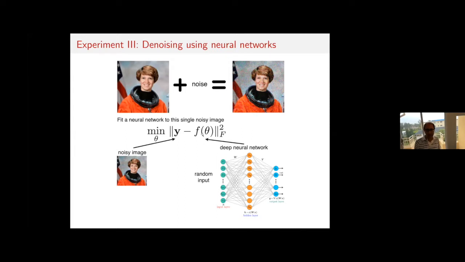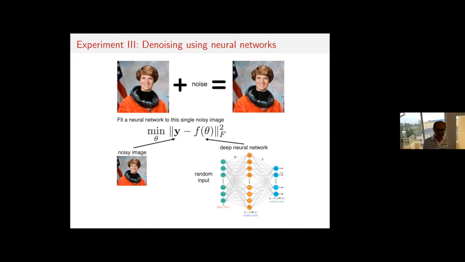And because you're trying to fit a really large neural network with a lot of parameters, if you run gradient descent on this objective and iterate long enough, you can actually perfectly fit the noisy image, right? That just shows again that neural networks have the capacity to learn anything.